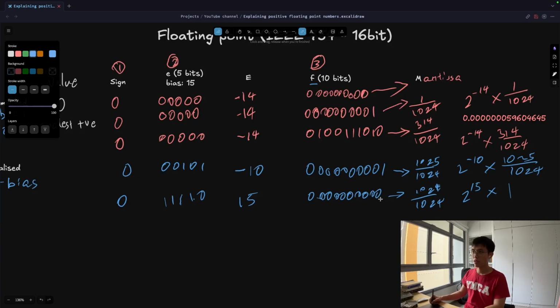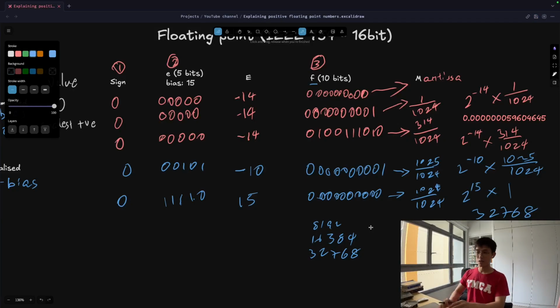So 2 to the 1 is 2, 4, 8, 16, 32, 64, 128, 256, 512, 1024, 2048, 4096, 8192, 16384, and 32768. So this should be 32768.